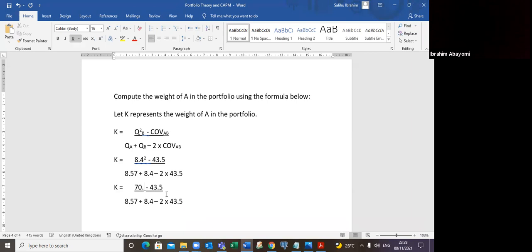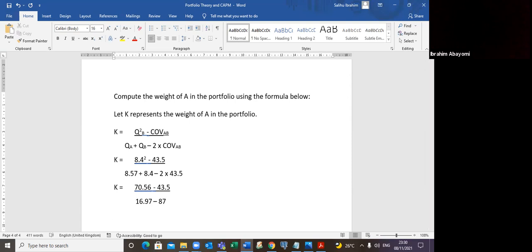Then add these two together. 8.57 plus 8.4 will give us 16.97. Then 2 times 43.5, 2 times 43.5 is 87.